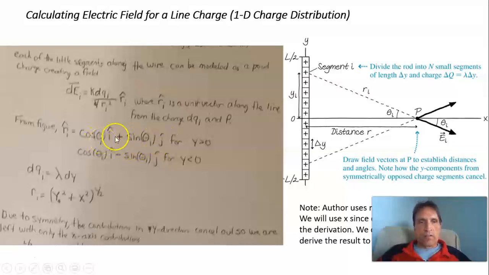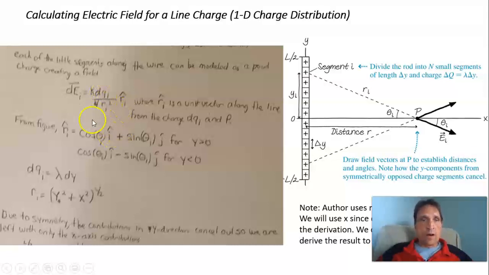So these just specify the directions of the two components. Okay? So since we know the y components cancel in pairs, we don't need to worry about them, and we only need to deal with the x component, which is cosine θ. So we plug in cosine θ here along the i direction. Okay.